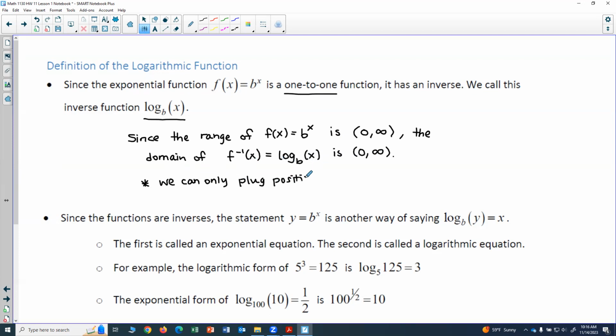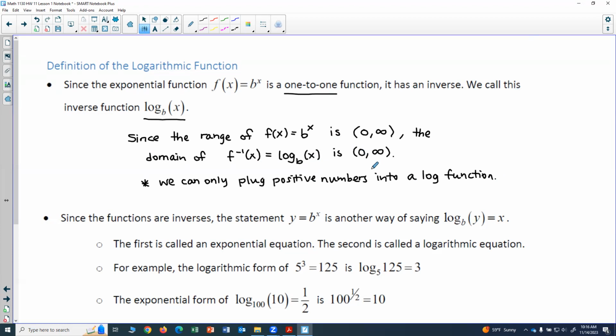We can only plug positive numbers into a logarithm. And we shorten logarithm with a log, so into a log function. So that's really important to know when you're trying to find the domain of your log function, is that you can only plug positive numbers, so strictly greater than 0.